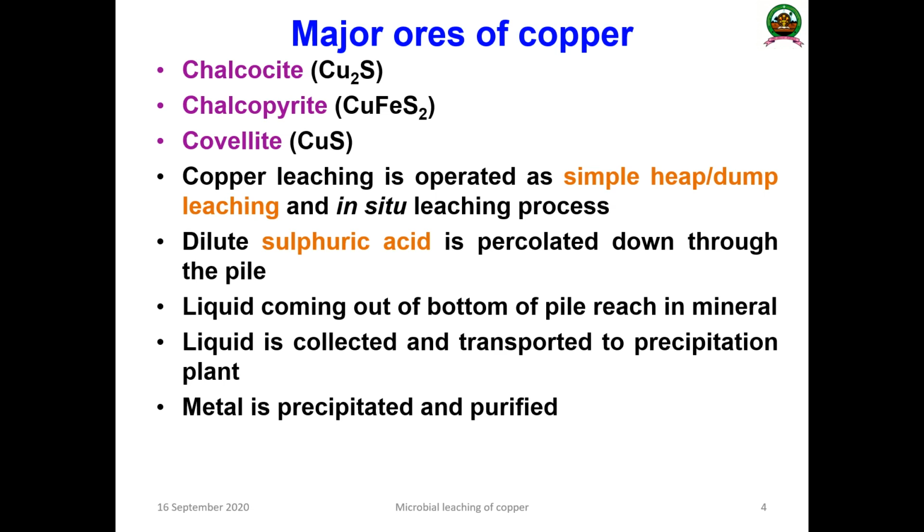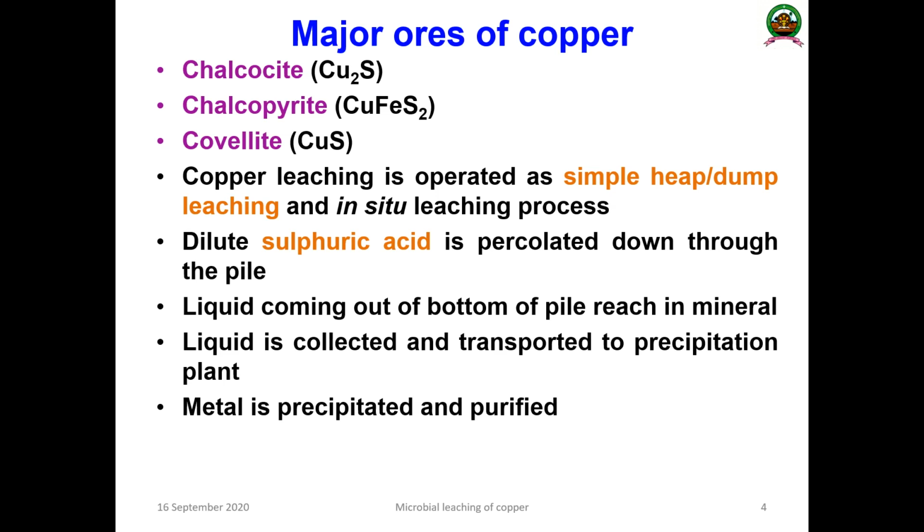The major sulfide ores of copper are chalcocite, known as Cu2S, copper sulfide; next is chalcopyrite, copper iron sulfide; and the next one is covellite, copper sulfide.